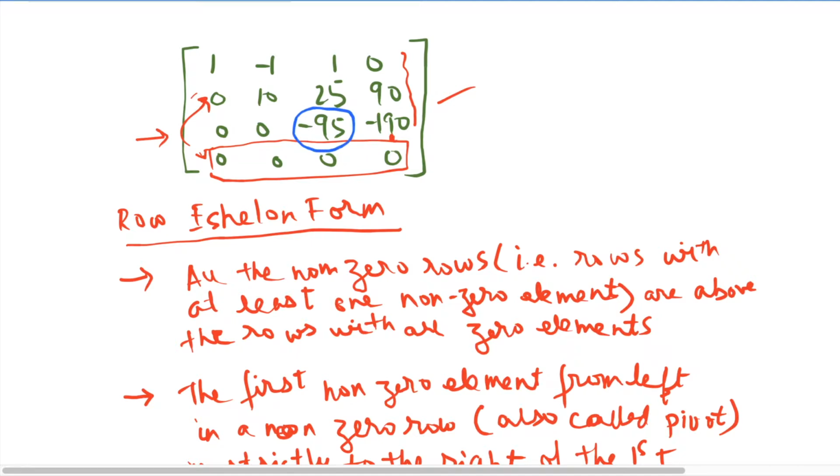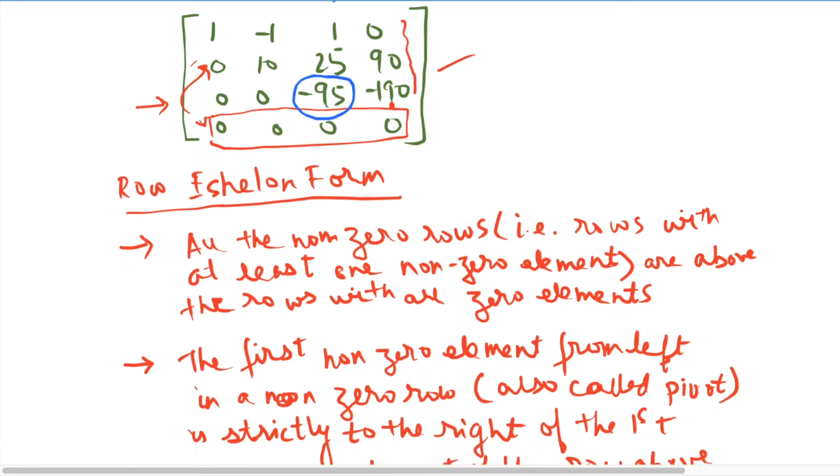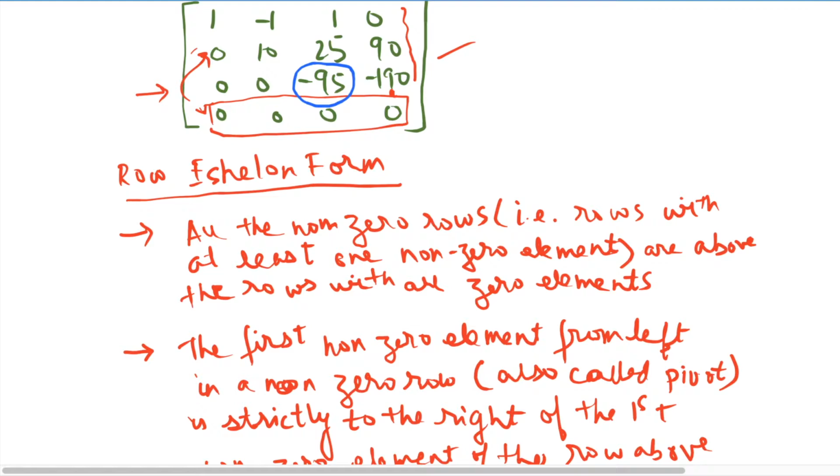And -95, basically this coefficient also served as the pivot element, and this element has to be strictly to the right of the first non-zero element of all the rows above it. So it's strictly to the right of 10 here, right? So it's not directly below 10, is not on the left of 10, it's actually strictly on the right of 10.